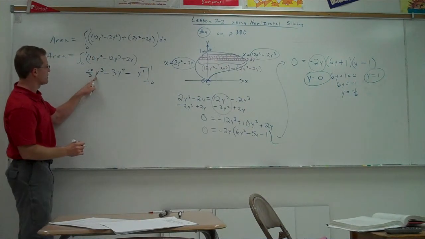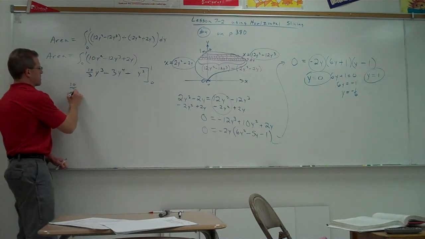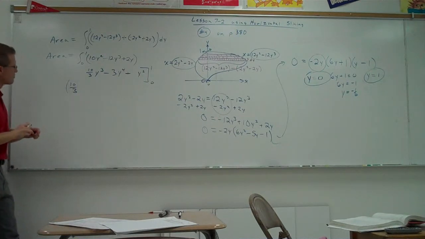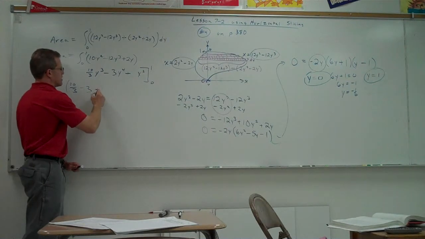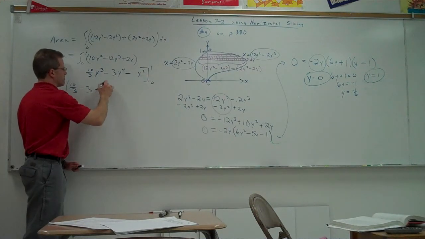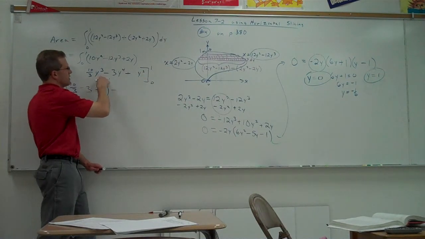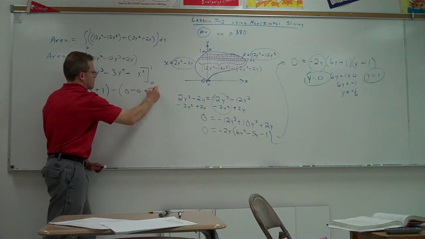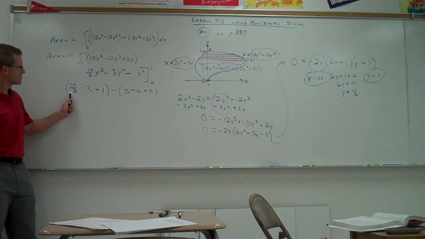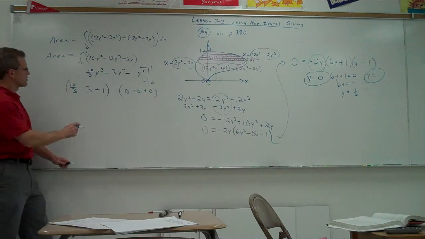Plug in 1 into here, you're going to get 10 thirds. Plug 1 into here, you're going to get minus 3. Plug 1 in here, you're going to get 1. Plug 0 into each of these, you're going to get 0. So this would be our area right here. Let's change all these into thirds.